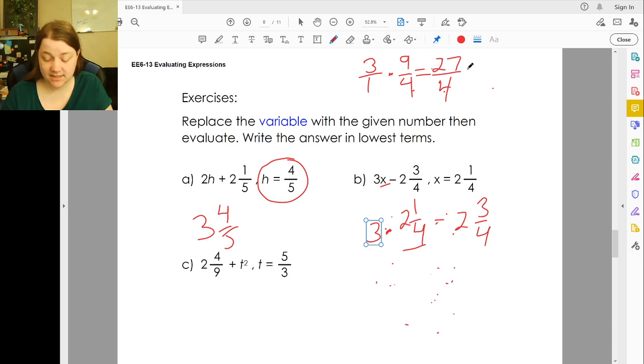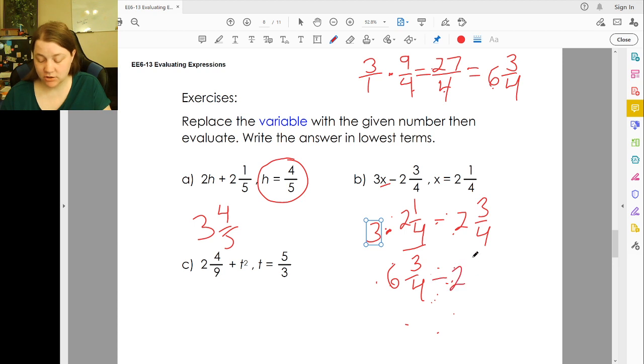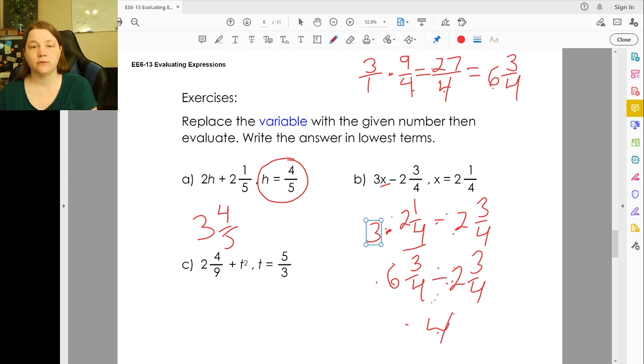So I want to go with 6. That would be 6, 24, 25, 26, 27, and 3/4 left over. So that becomes 6 3/4 minus 2 3/4. 6 minus 2 is 4. 3 minus 3 is 0 over 4. So I'm not going to write 0 over 4. I'm just going to have my answer of 4.